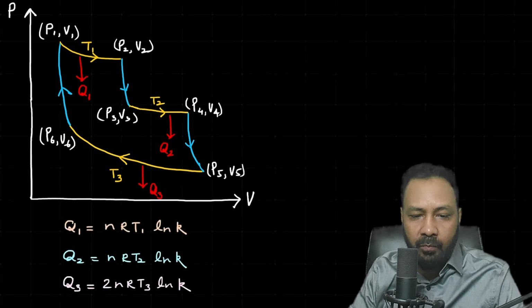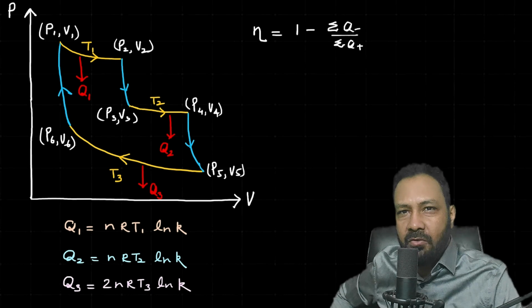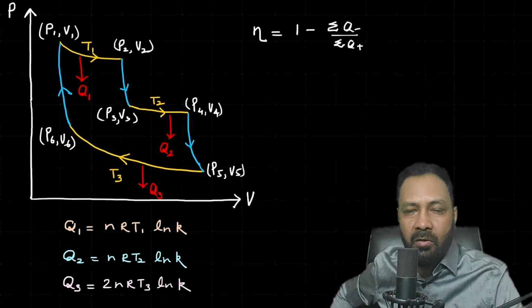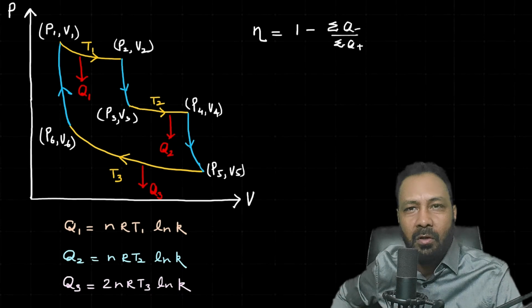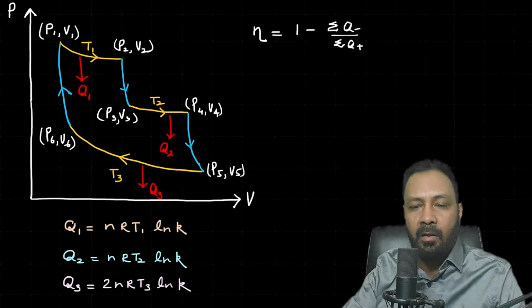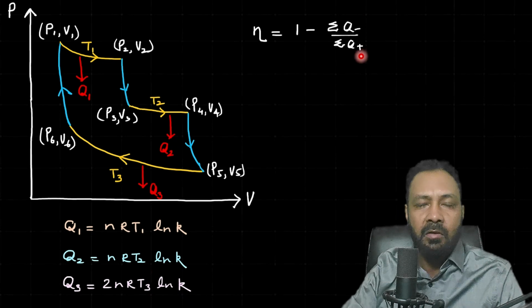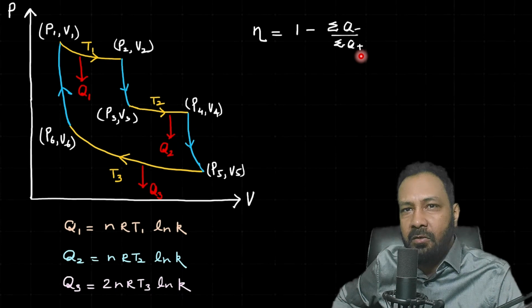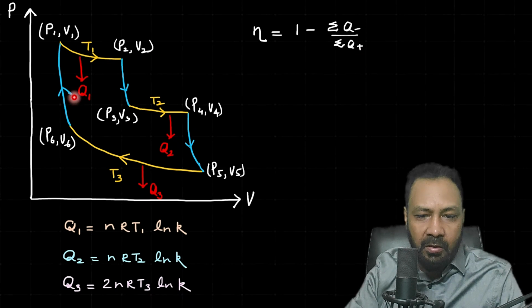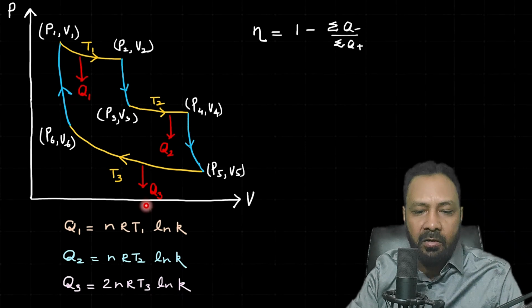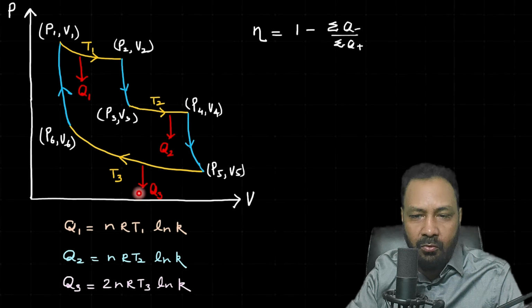And now we've got all those things here. Now efficiency of a cycle is equal to 1 minus sigma Q minus upon sigma Q plus. What is sigma Q minus? Sigma Q minus is the sum of all heats rejected in the cycle, and sigma Q plus is the sum of total heat entering the system in a cycle. So the heats entering the system are Q1 and Q2, and the heat rejected in this cycle is Q3.